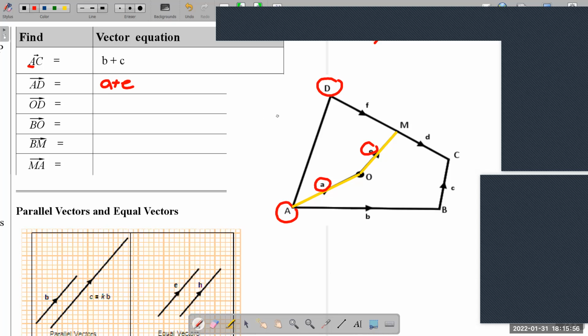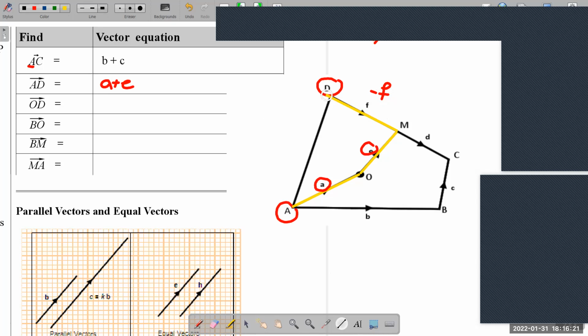Everybody see that? Now that we are at M, we want to go to D, but look at what's happening with the arrow from M to D. The forward letter is F. So if I want to go in the opposite direction, what would the opposite direction be? The opposite direction would be negative F. I will use my yellow line just to make sure we understand.